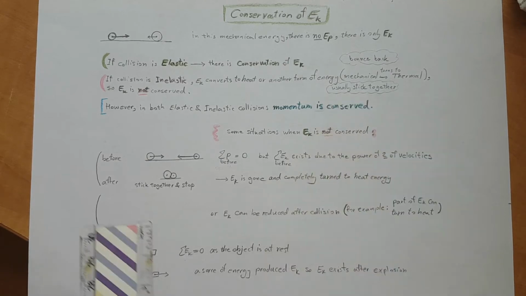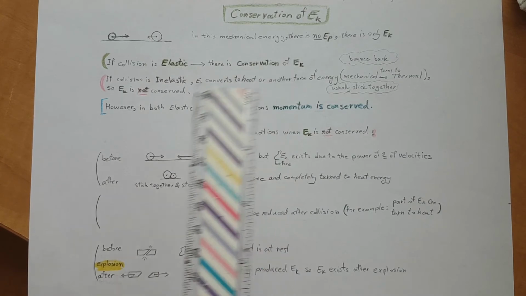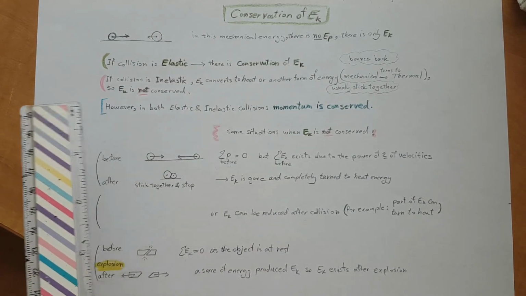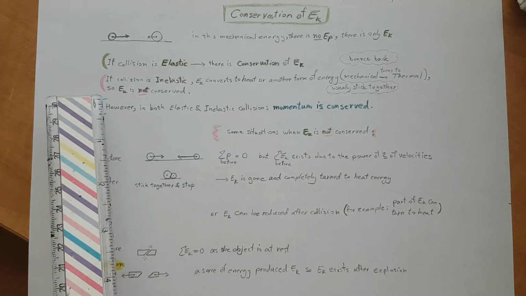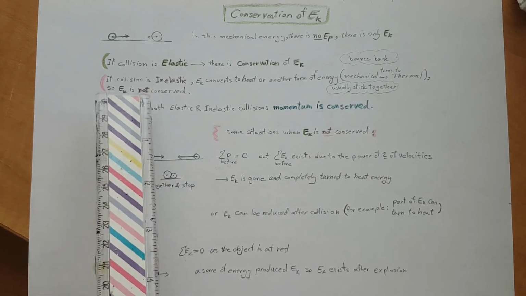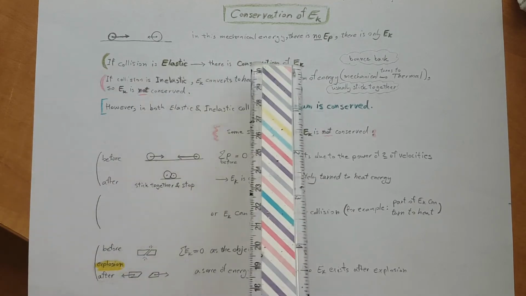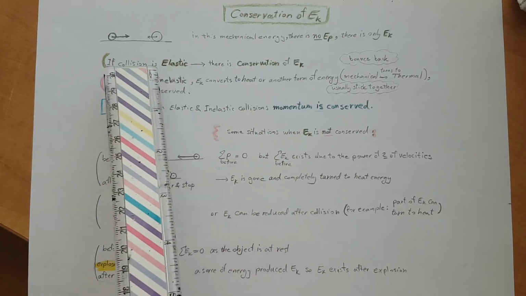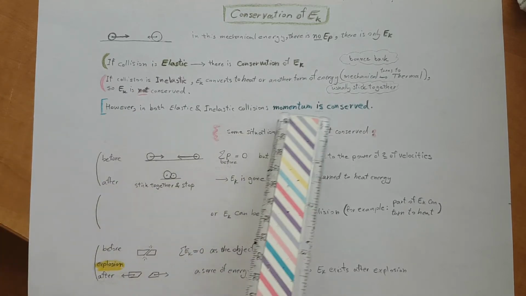Usually they stick together in this case, and the friction, once they stick together, is causing the heat, and so the EK is not conserved in this case. The EK is conserved only if the collision is elastic. However, in both elastic and inelastic collisions, the momentum is always conserved.